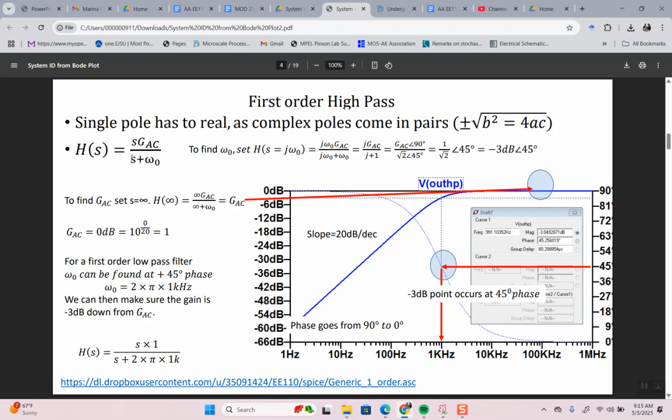Then I just need to find the cutoff frequency, which, yeah, you can do with 45 if you have a nice LTspice plot, or the 3 dB point, and pull that off. Now again, this went from 90 to 0.